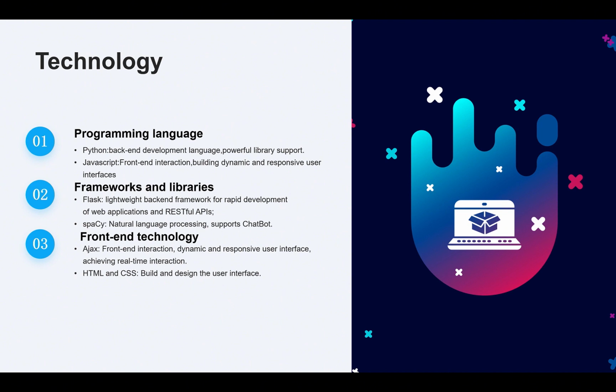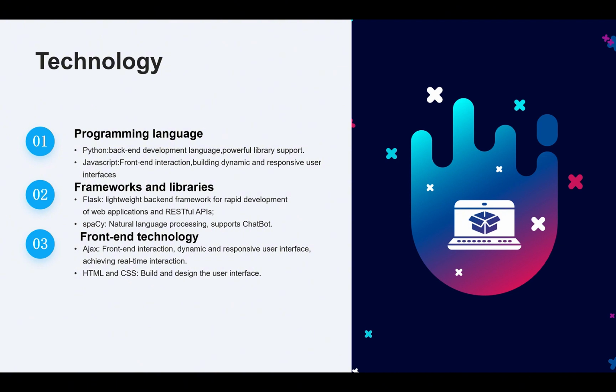Python was chosen as the backend development language because of its powerful library support, which is particularly suitable for data processing and machine learning tasks. Python also makes rapid development and maintenance possible.